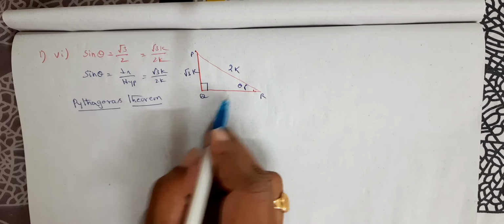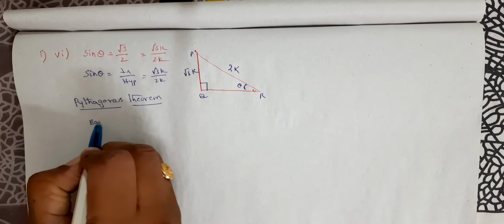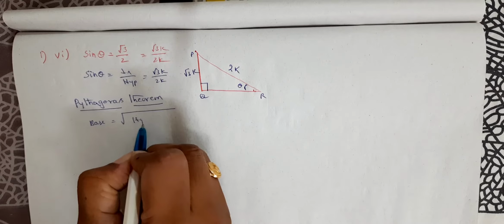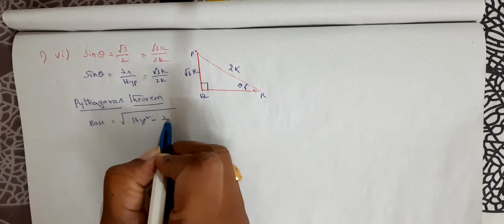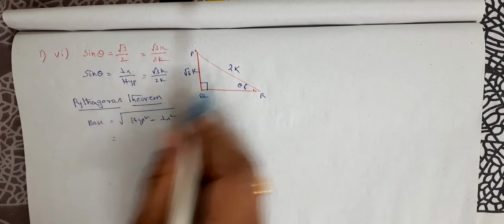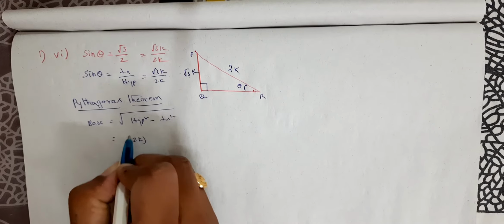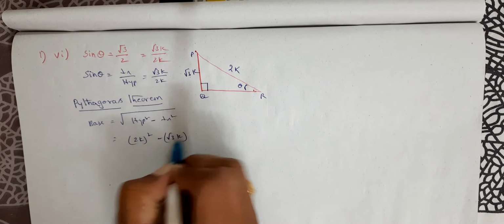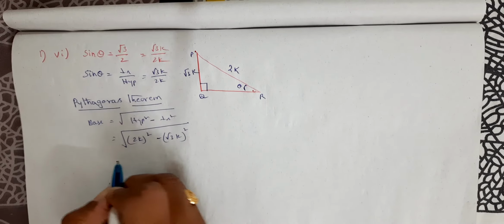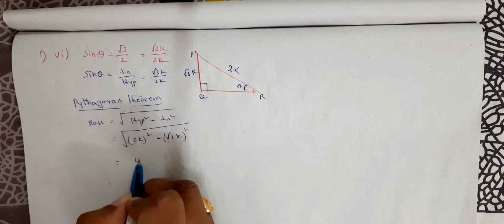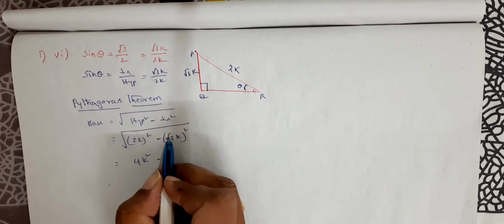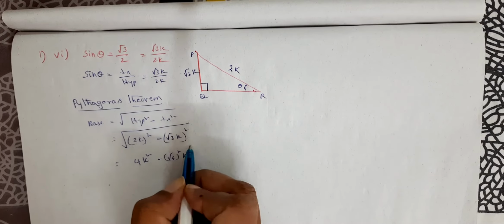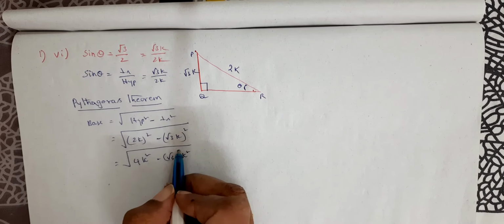Base is equal to square root of hypotenuse square minus perpendicular square. So hypotenuse is 2k whole square minus perpendicular is root 3k whole square, under root. Now this is 4k square minus root 3 square into k square.